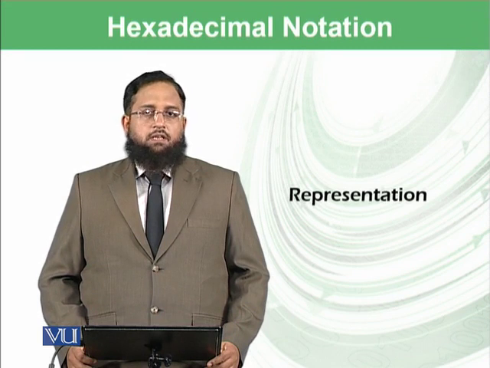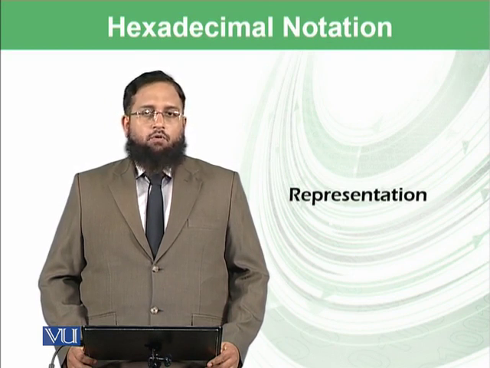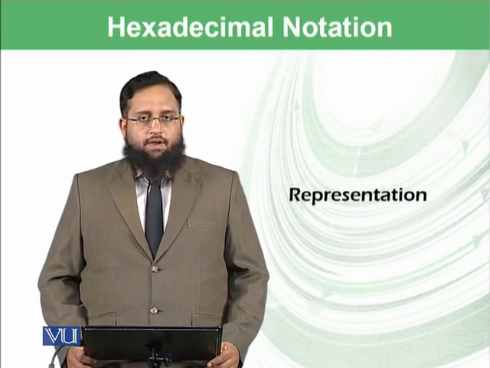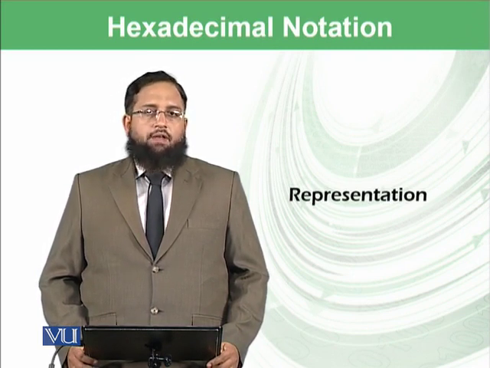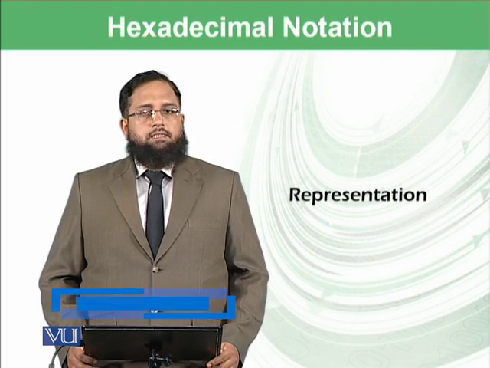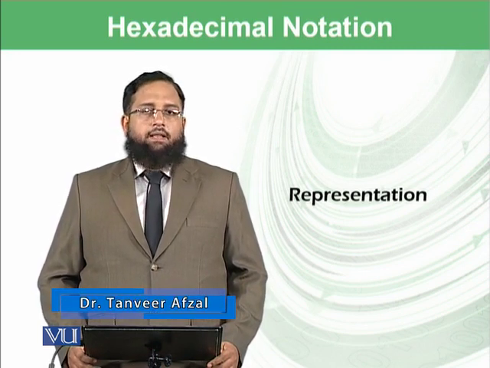So such a number is very difficult for humans to remember, and in this module we will try to summarize and comprehend such large binary digits to smaller symbols so that it can be understood easily by the humans.